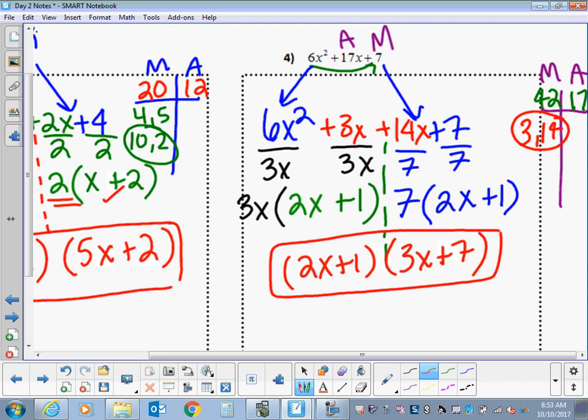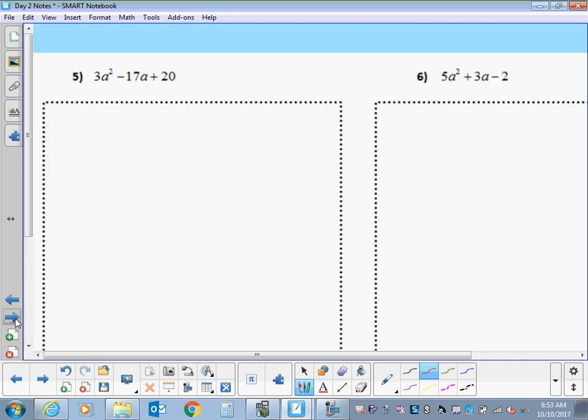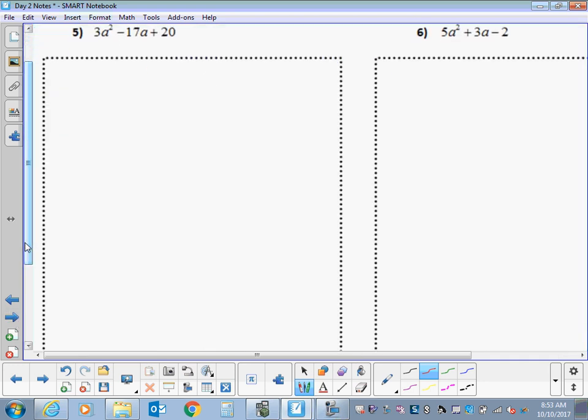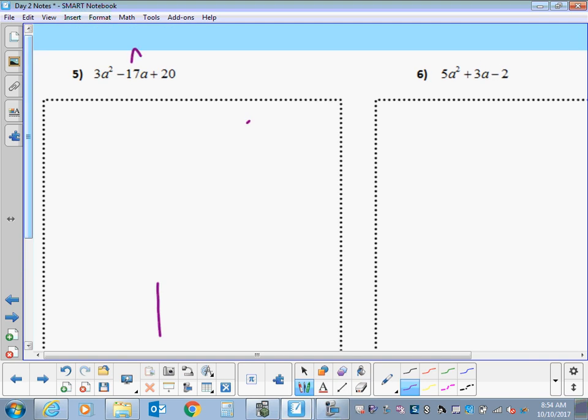Alright, number 5 and 6. What we should be doing each time is looking for a GCF. I've been skipping over that step because none of these so far have had a GCF. But just keep that in mind, so look for that first. Alright, I have 3 terms, so I use my AM method.